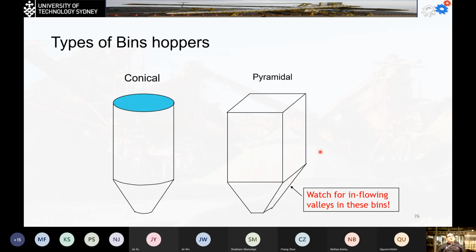Okay, so we're going to go now for the types of the bins and hoppers before we start with the design procedure for the bins and hoppers. The types of the hoppers can be, as we mentioned earlier, a conical shape, or a pyramidal shape with a pyramidal chisel shape at the bottom.